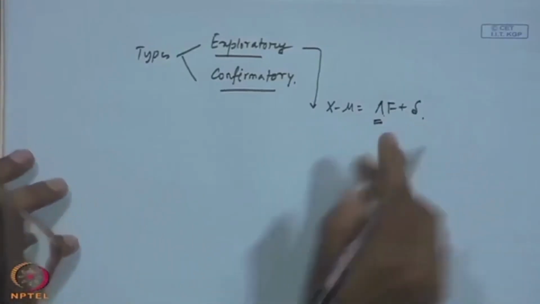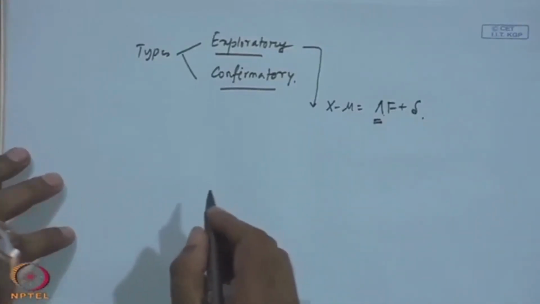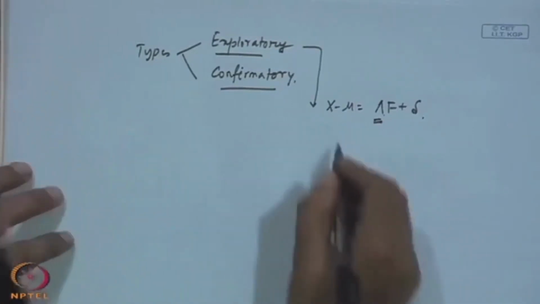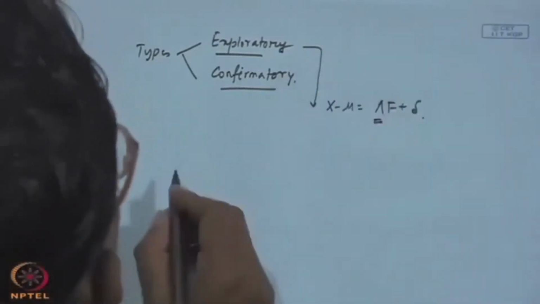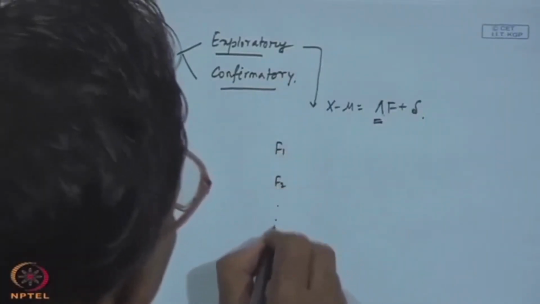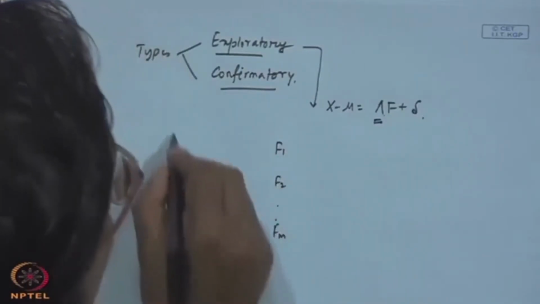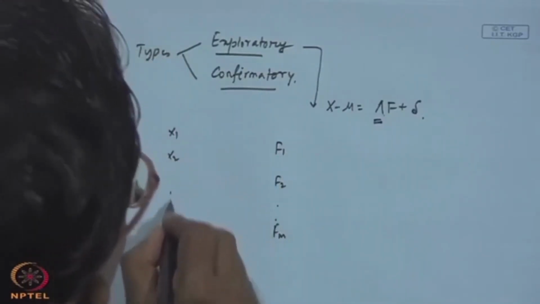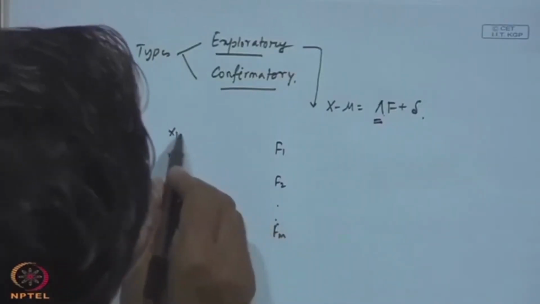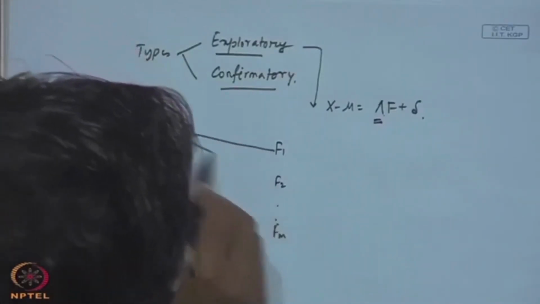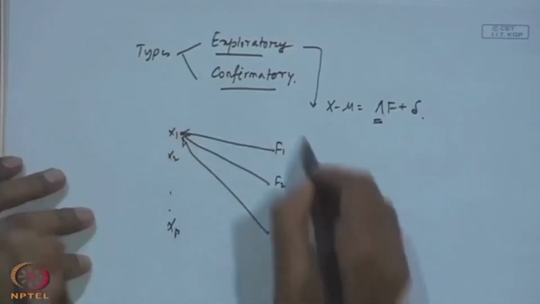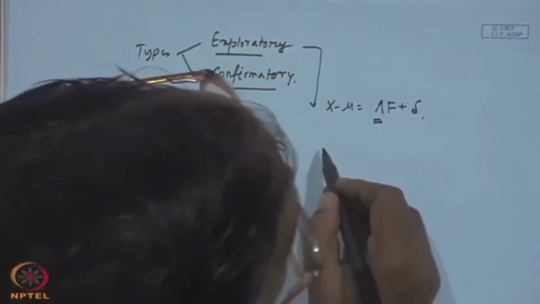What I am trying to say is that I have f1, f2 to fm and I have x1, x2 to xp, and each one of x is dependent on all f.